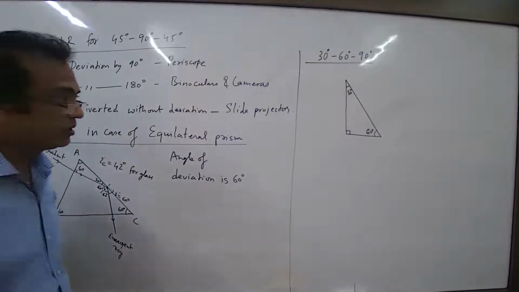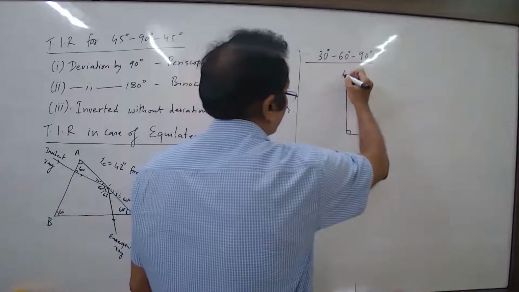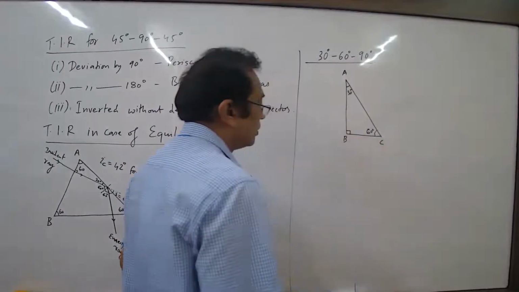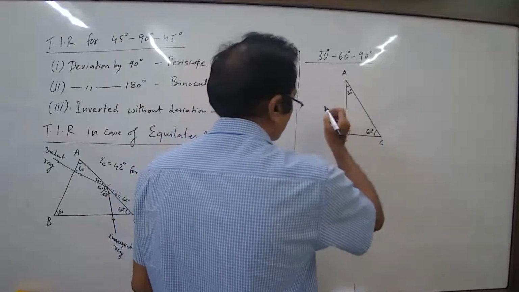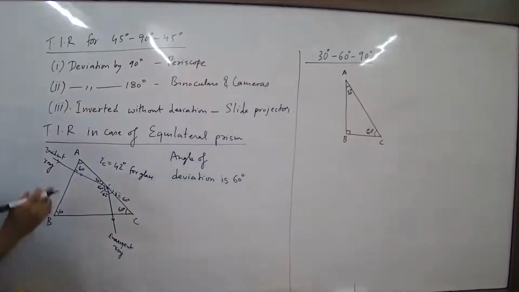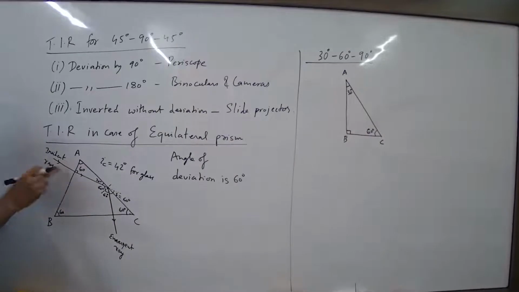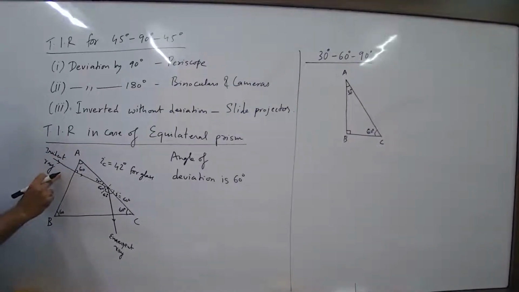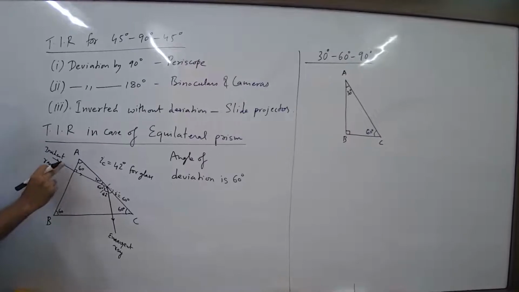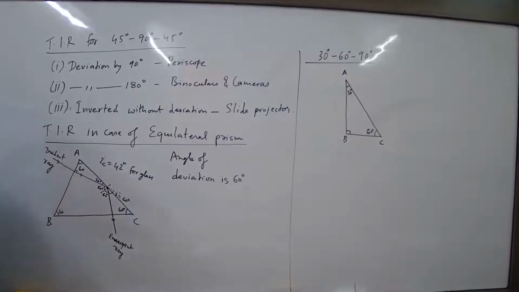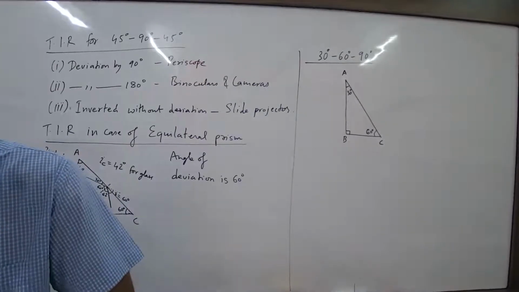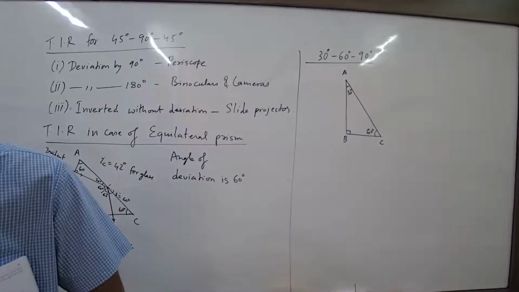So how do we study angle of deviation in this case? Everywhere what we are doing, we are making the incident ray normal, right? Along the normal. So this is the trick, right? In case of 45 degree, in two cases, it was normal only, first and second.